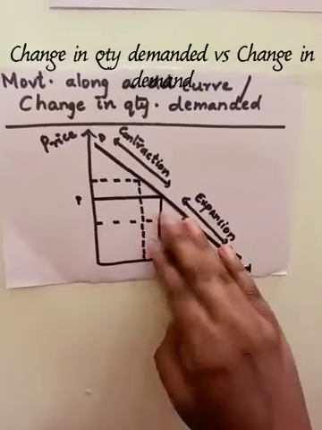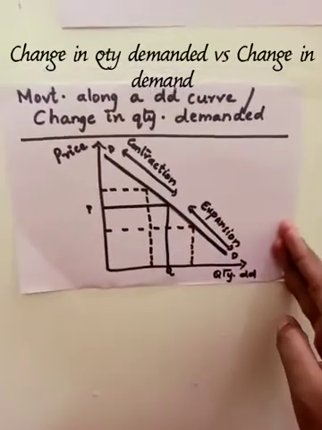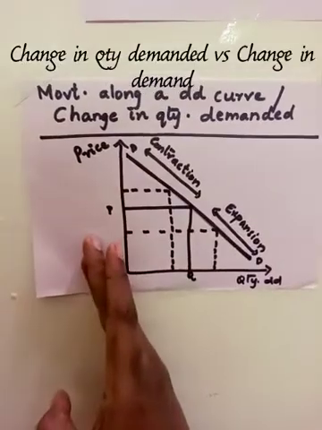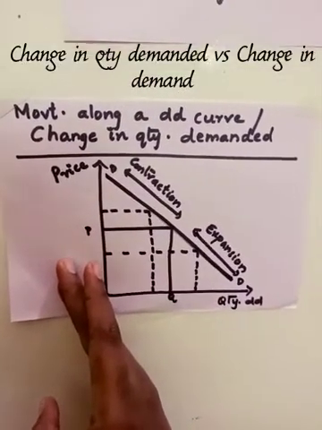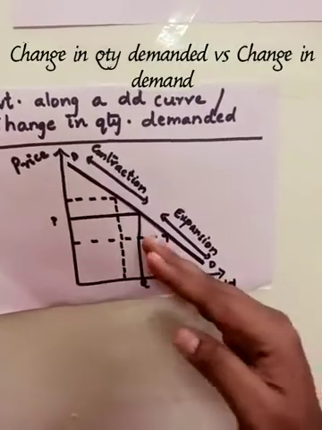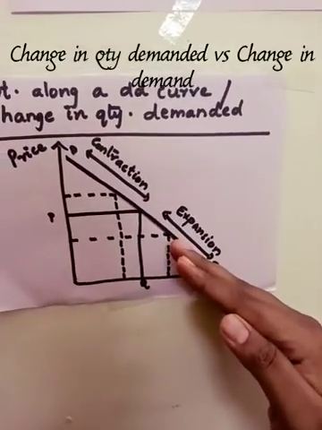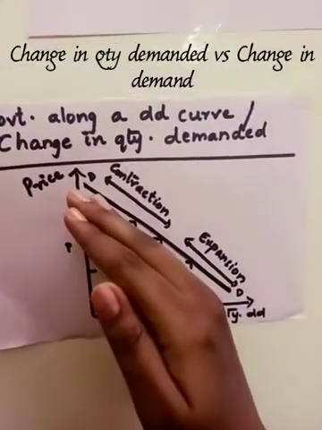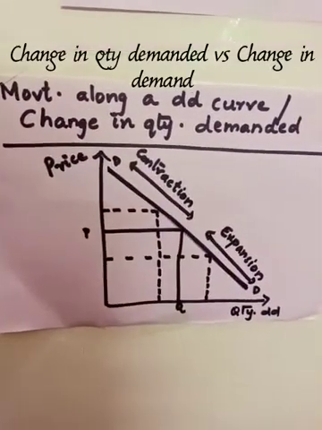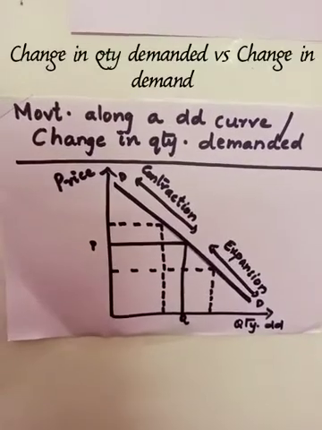So towards this side, it is an increase in quantity. That means expansion. Towards this side, quantity is getting reduced. That is contraction. So in a single demand curve, the lower portion determines expansion and the upper part of the curve determines contraction. So that means it is the movement along a demand curve.